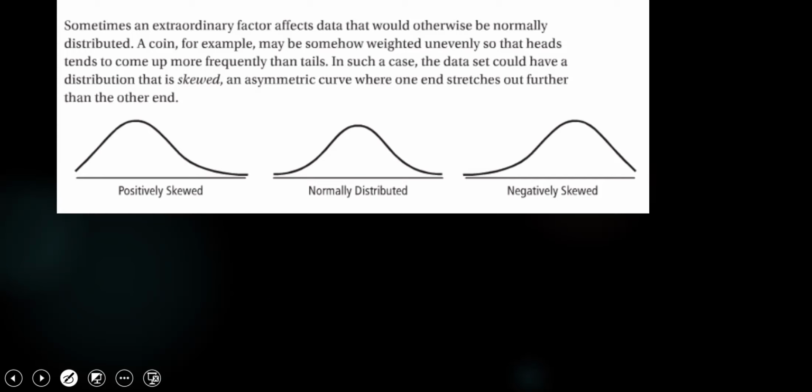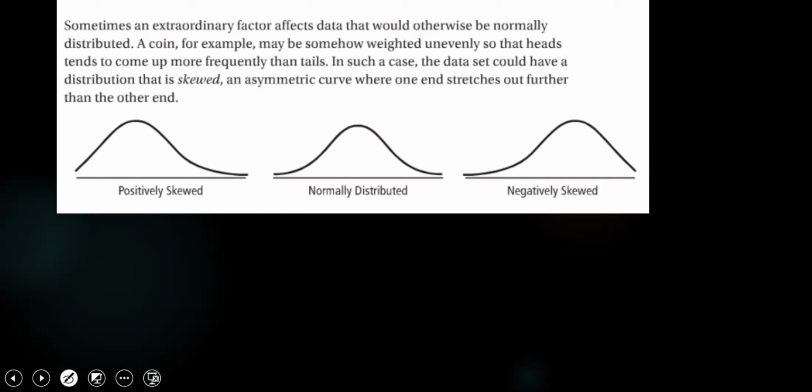I think that the mean is less than the median in the positively skewed, and in the negatively skewed, the mean is greater than the median. But this is not important for you. It's just here to give you that.